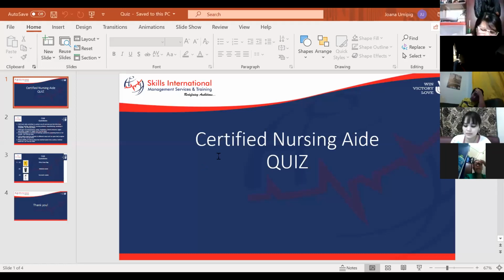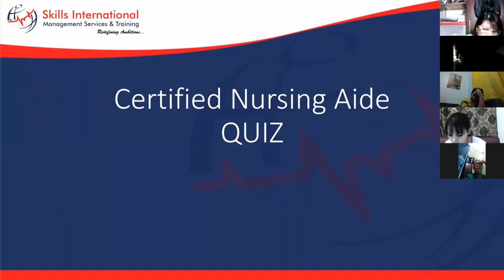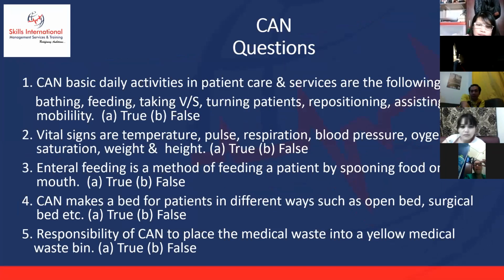I'm going to give you this quiz. Just answer it. You have to choose from true or false, A and B. We have five here. It's easy if you have listened well.